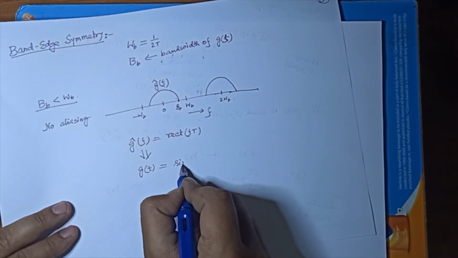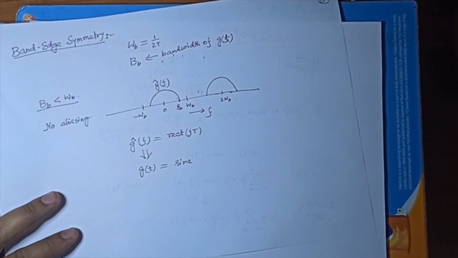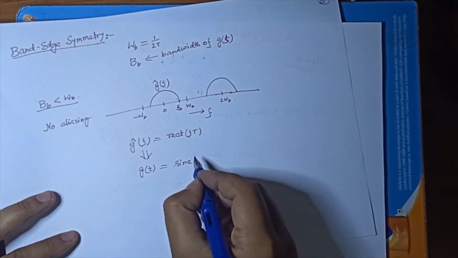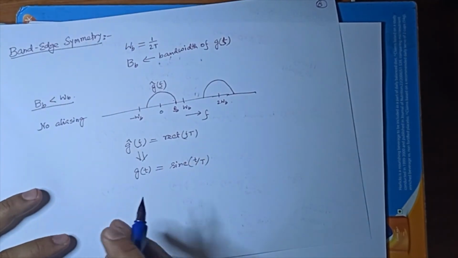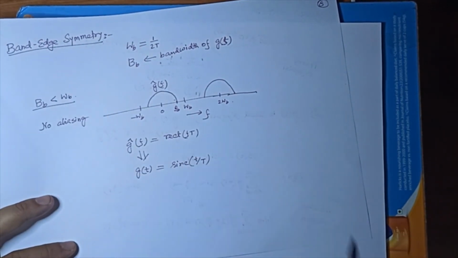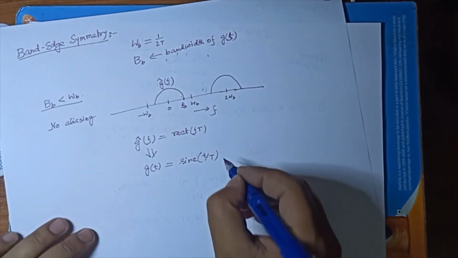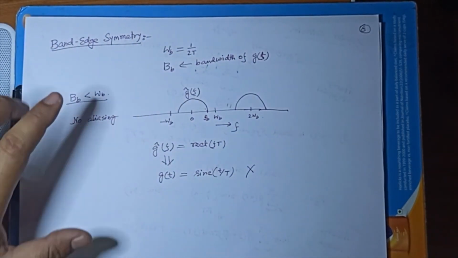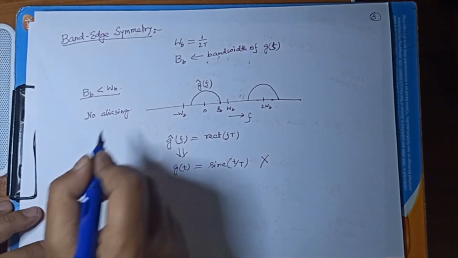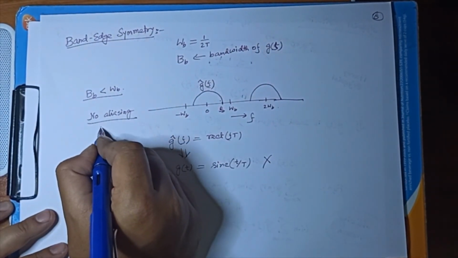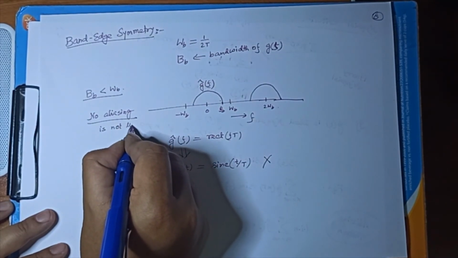Do I need that? I don't, because that we have already left behind. Yeah, that factor 1/T or something. So this is not something which we desire. No aliasing is not the choice, not the right choice. We want aliasing. Aliasing will help us here.